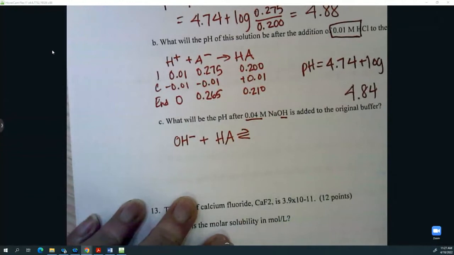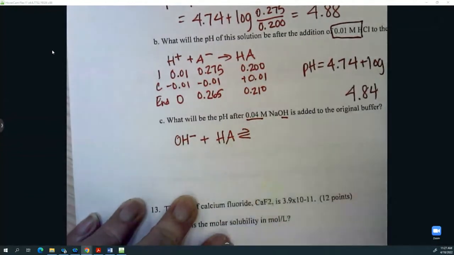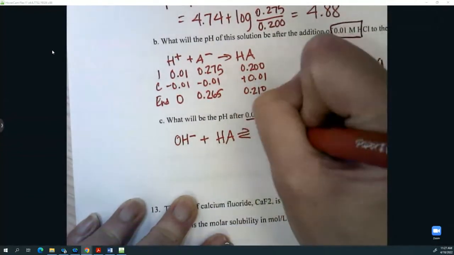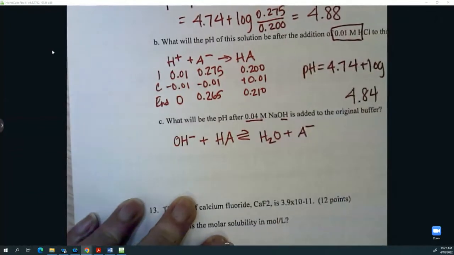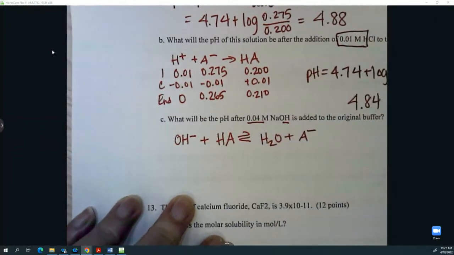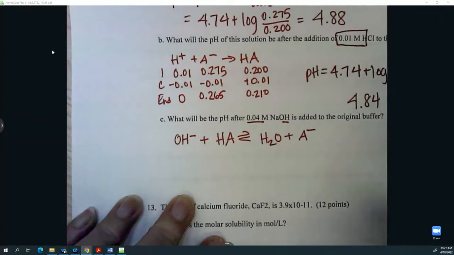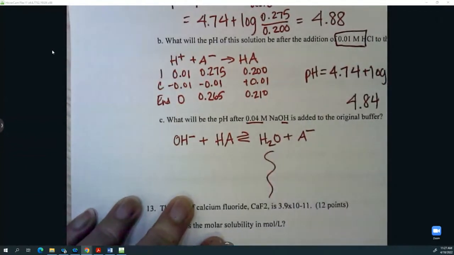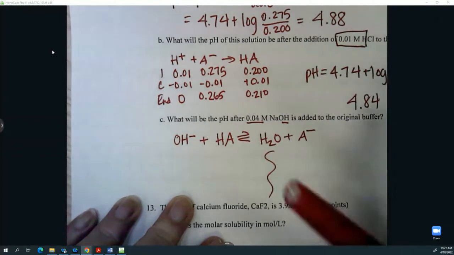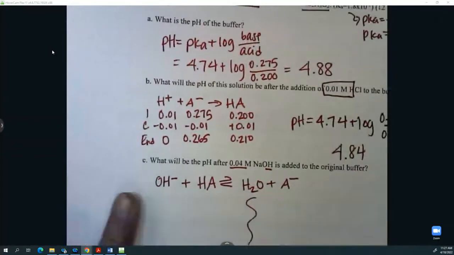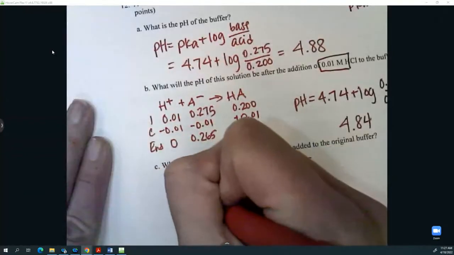The hydroxide is going to grab the hydrogen and make water and leave behind the anion. Once again, don't care about water, just using it to balance an equation. All right, and it says it's the original buffer, so the OH is 0.04, that's easy.